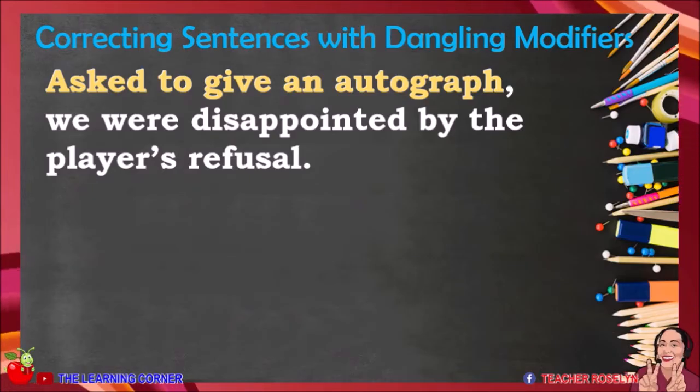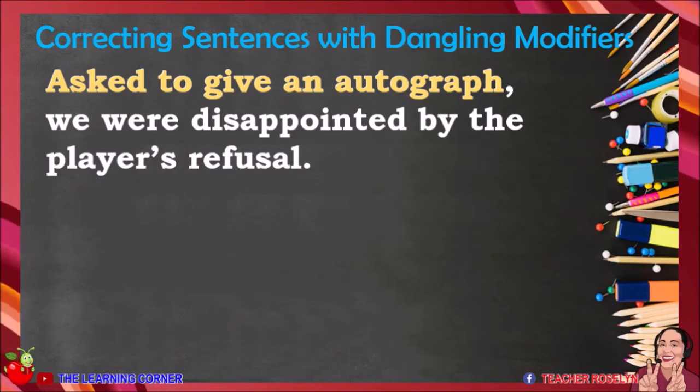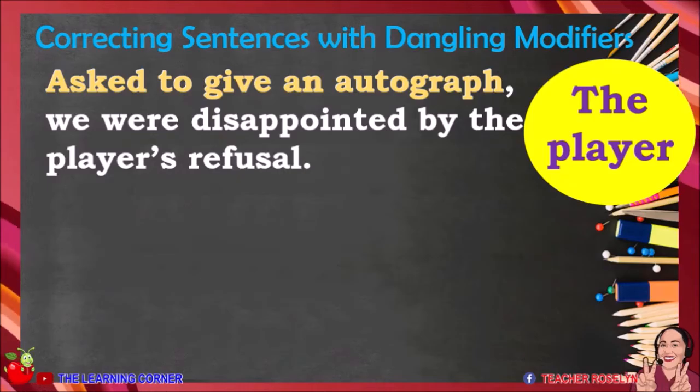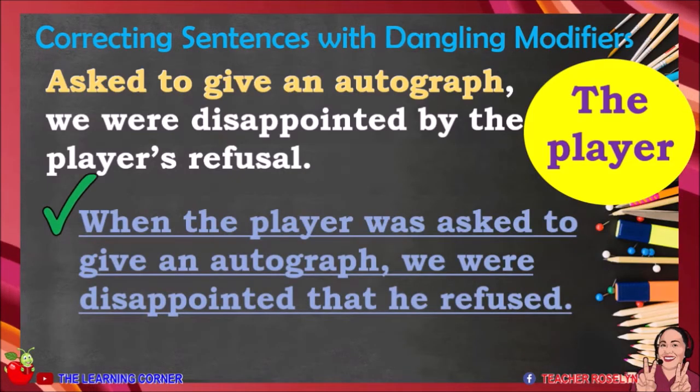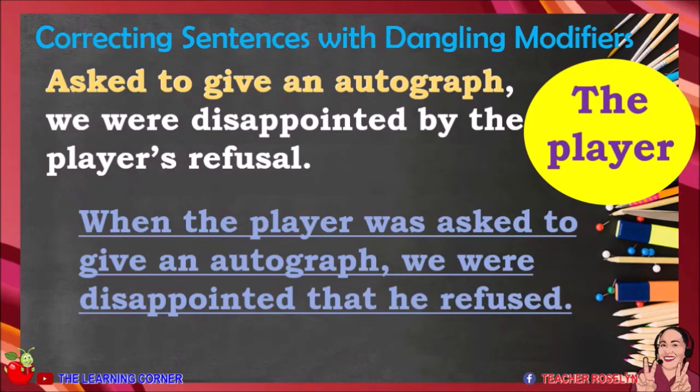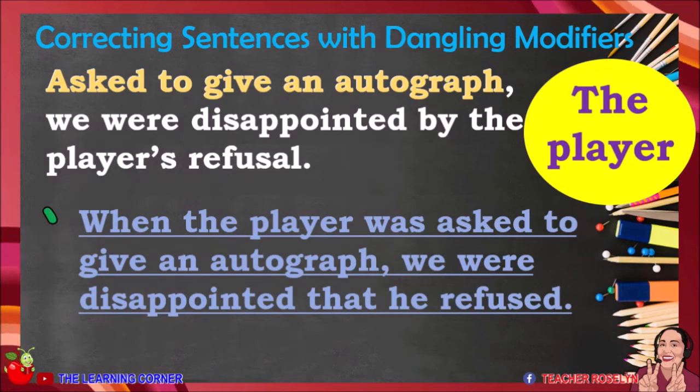The modifying phrase, asked to give an autograph, refers to the player. So, the corrected sentence will be, when the player was asked to give an autograph, we were disappointed that he refused. We can also say, when the player was asked to give an autograph, we were disappointed by his refusal.